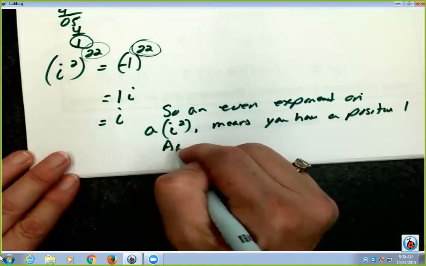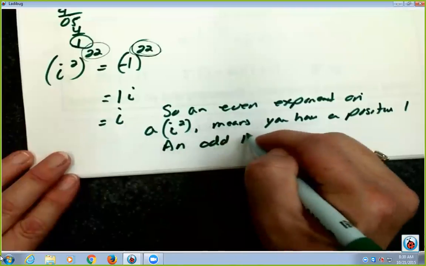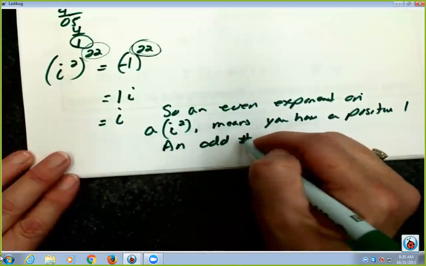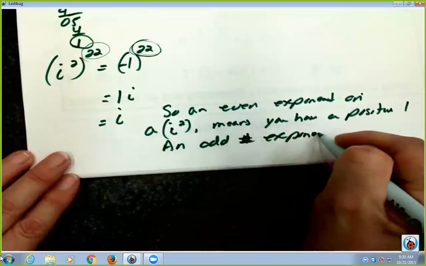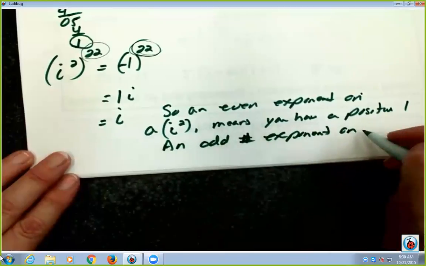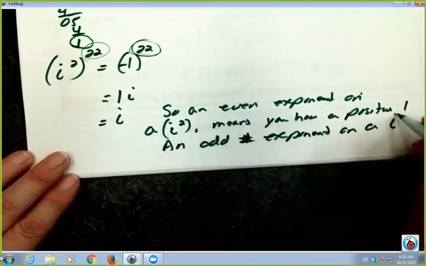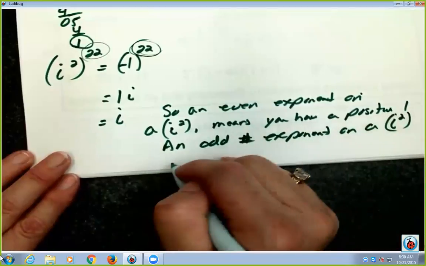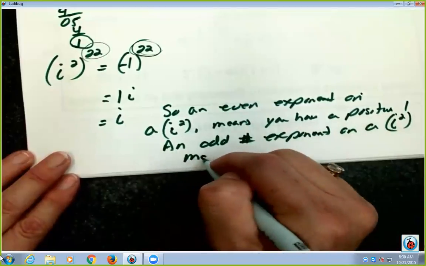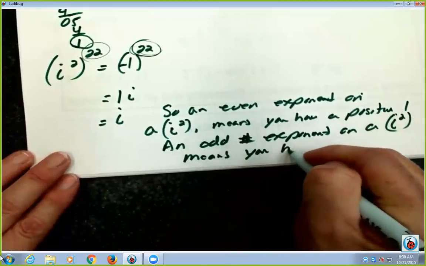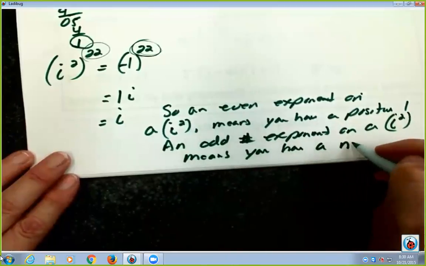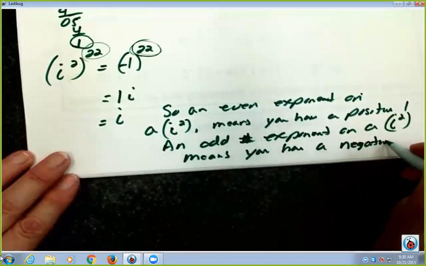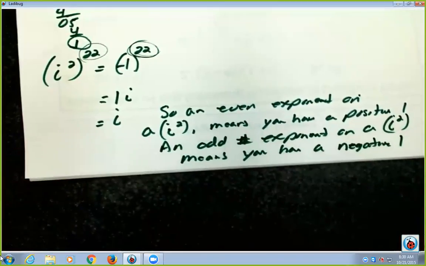An odd exponent on an i squared means you have a negative 1. So you'd have a negative 1 with those. So if I end up with even powers, then I'm good to go and everything works out.